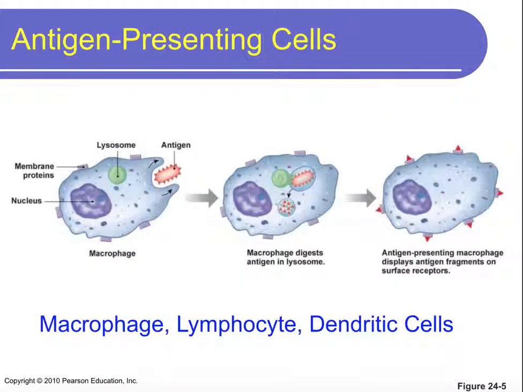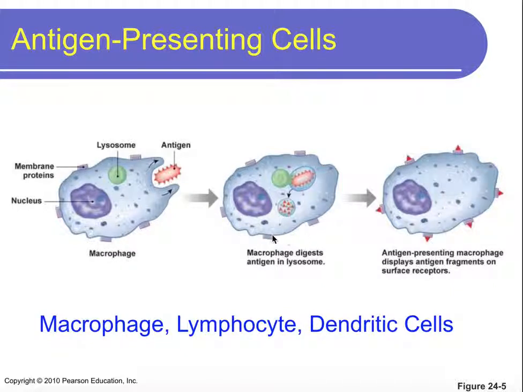Now let me talk about antigen-presenting cells. So I mentioned them earlier, but basically here we have our macrophage, which is one of our antigen-presenting immune cells, and it has phagocytosed our antigen. Once it eats it up, it's going to take pieces of it. So the lysosomal enzyme will destroy that pathogen, break it up, and we're going to take pieces of that pathogen and present it on our MHC receptors.